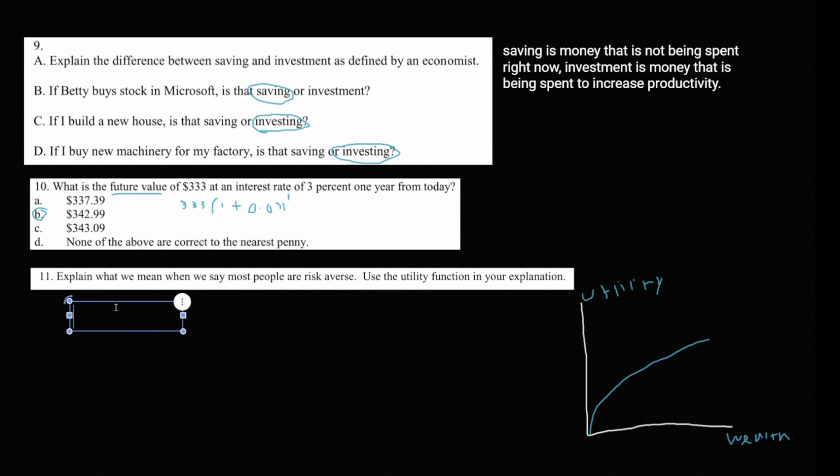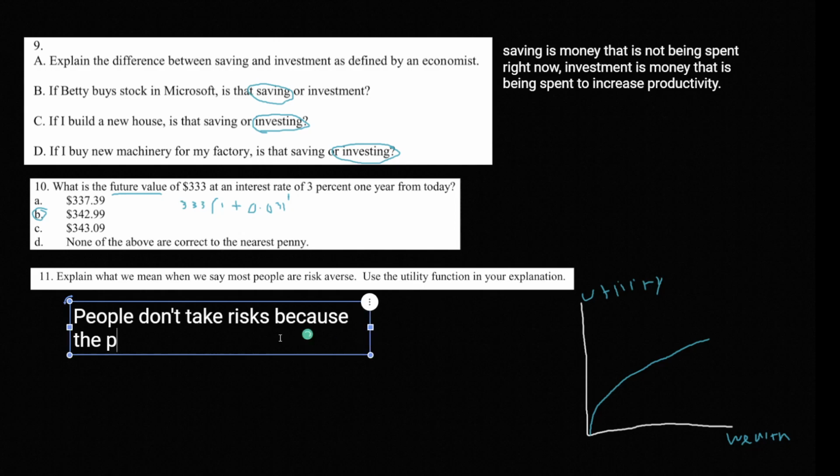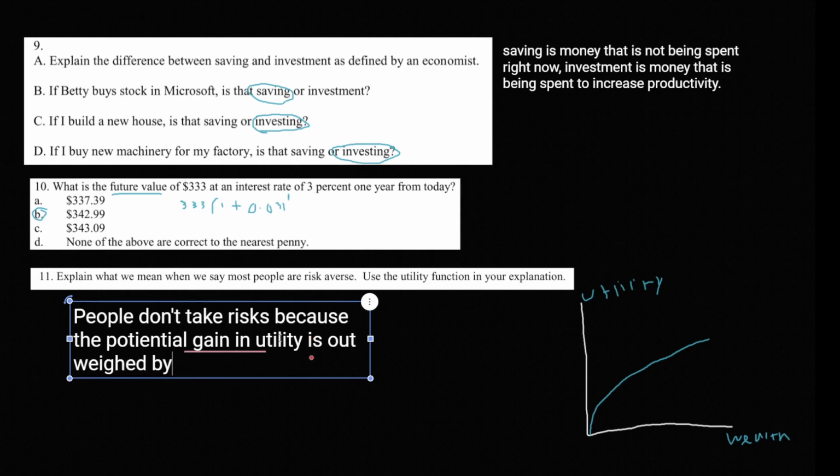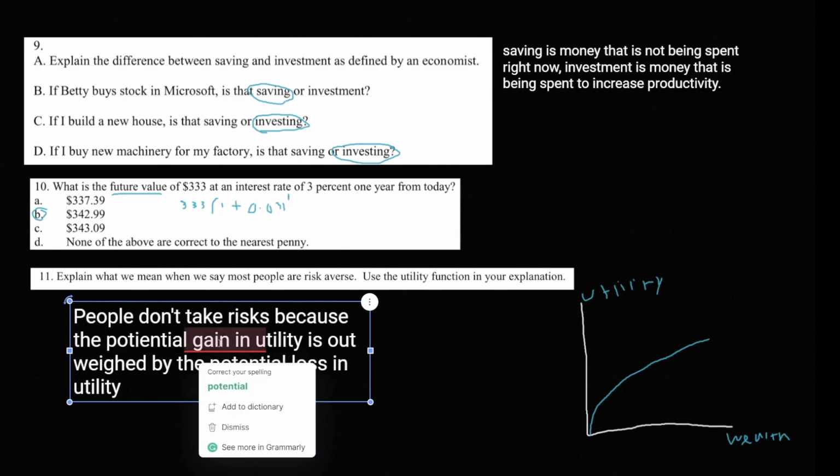So now I'll try and answer the question. People are risk averse because the potential gain is outweighed by the potential loss.